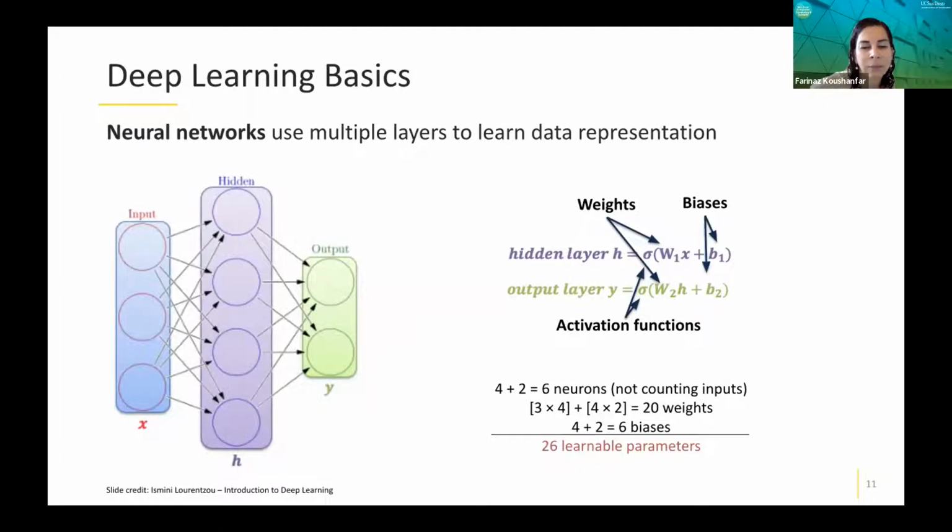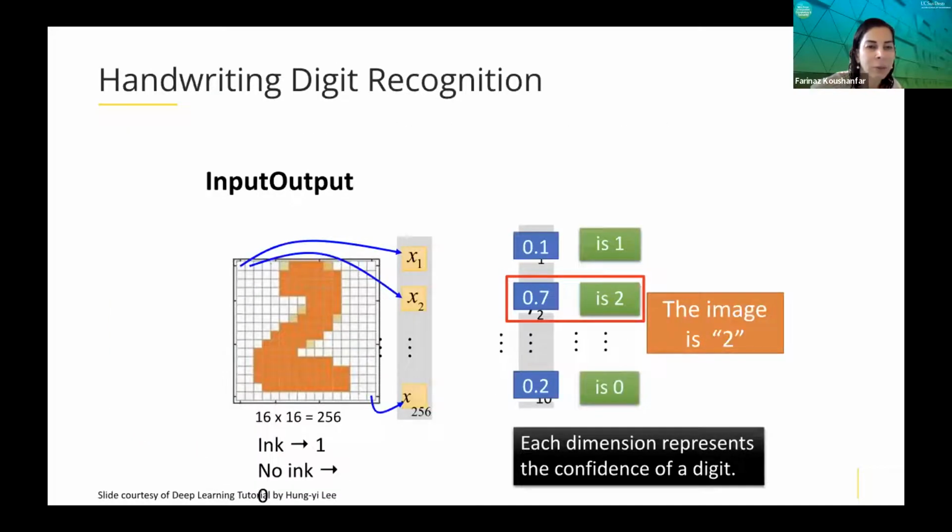And this means that when you're trying to train a network, there are a number of learnable parameters, even for this small network that we have here. As you can see, there are 26 learnable parameters that we need to learn before we can work with this deep neural network.